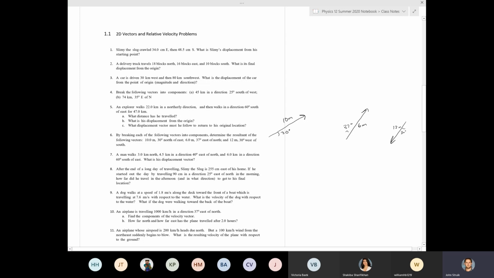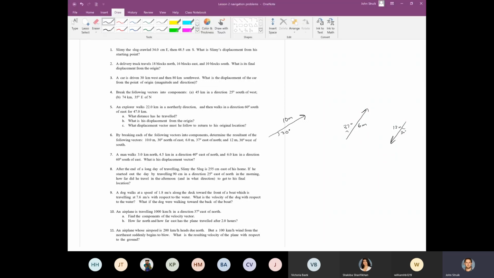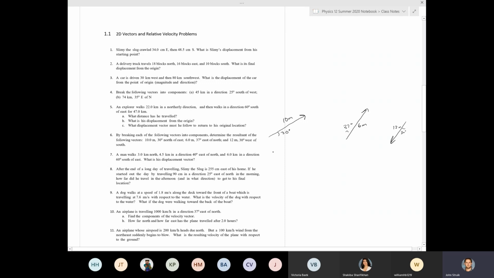Okay, so if we break each one into the components, these are all displacements. So I'm going to say D. So D1x will equal 10 cos 30, and D1y will equal 10 sine 30.